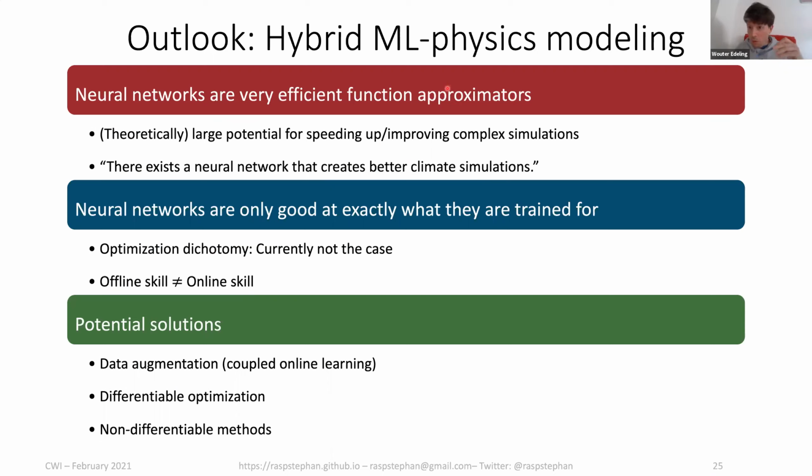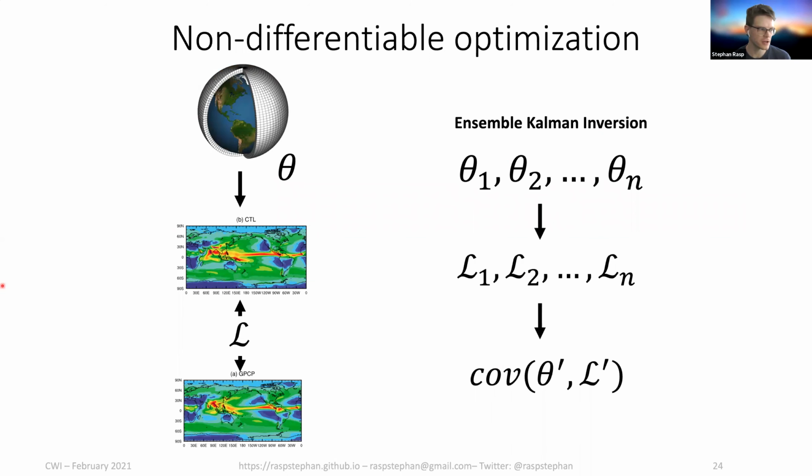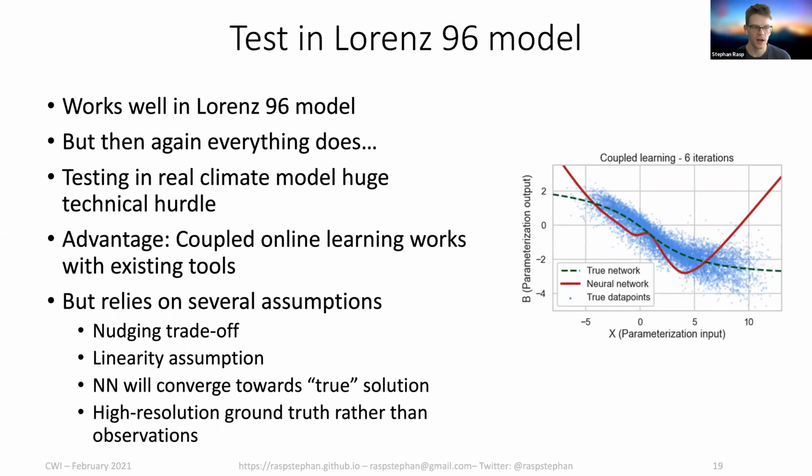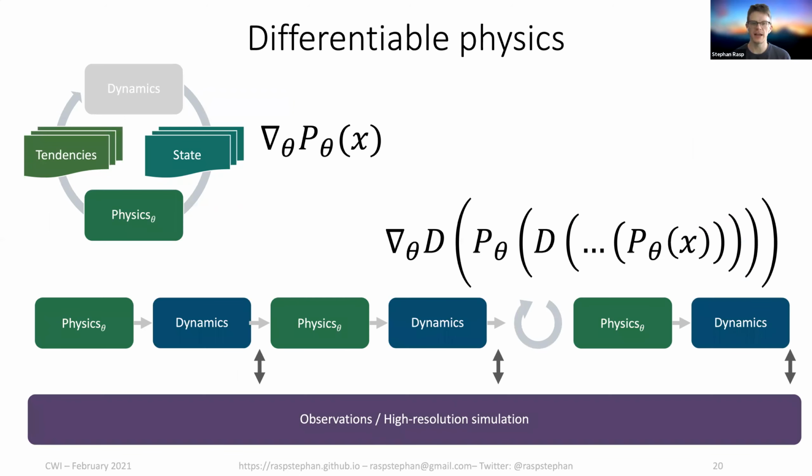Somebody asked why you didn't use data assimilation, and if online learning actually solves the problem of running the expensive model in the first place. Two good questions. To the first question, as I mentioned, there is a lot of similarity with data assimilation. Both of these approaches, the ensemble Kalman inversion and also the differentiable optimization, which has a lot of overlap with 4D-Var, are basically ways of applying data assimilation approaches to this problem.